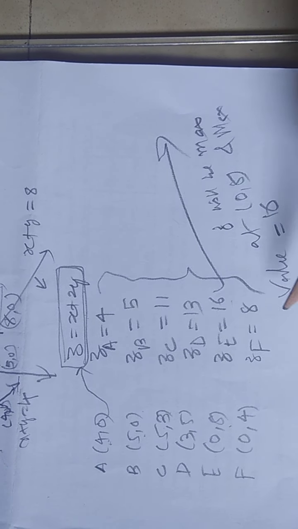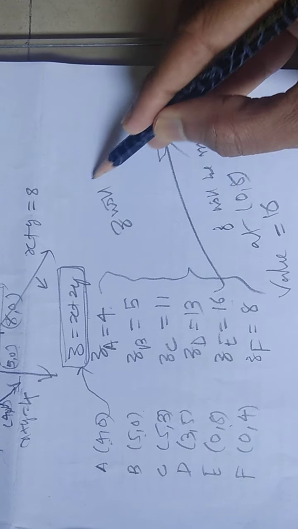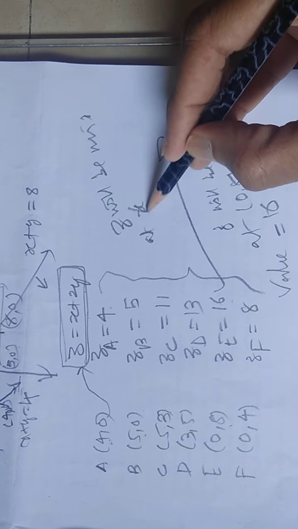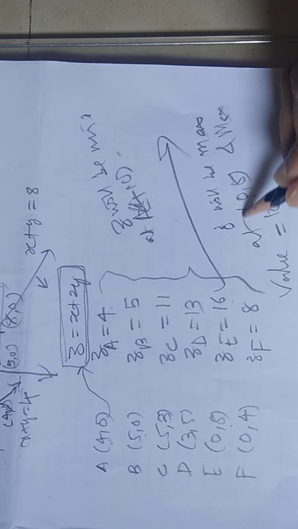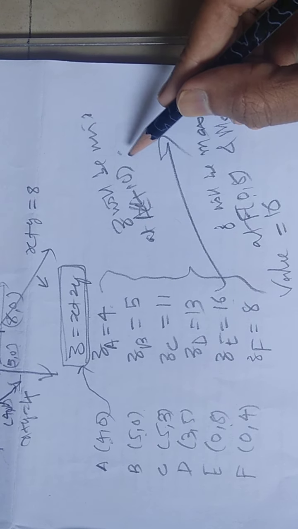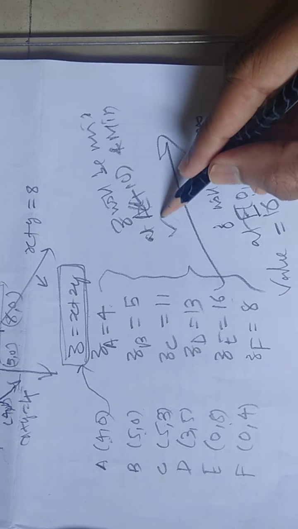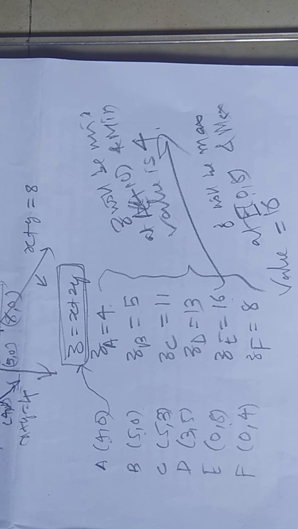Out of these, the minimum value is 4. So Z will be minimum at (4, 0), at A, and the minimum value is 4.